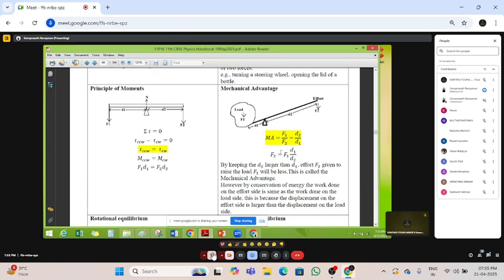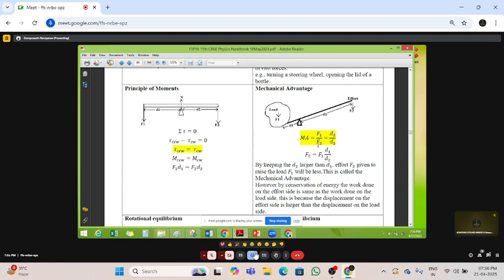This one you can go through, right? So generally we keep the fulcrum closer to the load so that this length d2 will be larger, d1 should be smaller. If that is the case, what will happen is the effort which we give here will be less. So I can easily move a rock by keeping a fulcrum like this. Okay, so this is called a mechanical advantage.